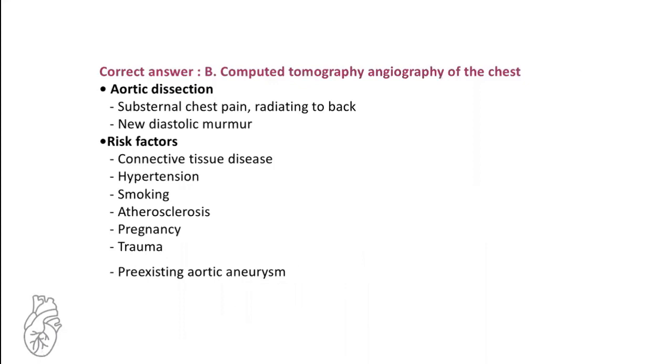You have to have an angiogram for this patient's aortic dissection. As you said, substernal chest pain radiating to the back with the new diastolic murmur. And the risk factors would be connective tissue disease, hypertension, smoking, atherosclerosis, pregnancy or trauma, or a pre-existing aortic aneurysm, like this patient who has Marfan syndrome.